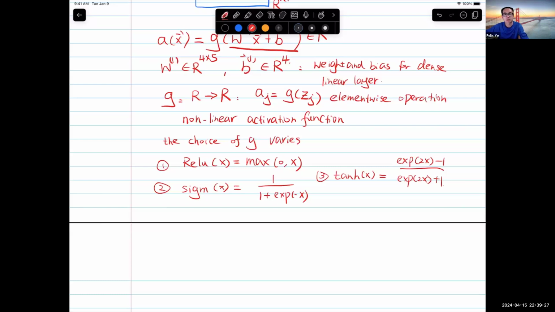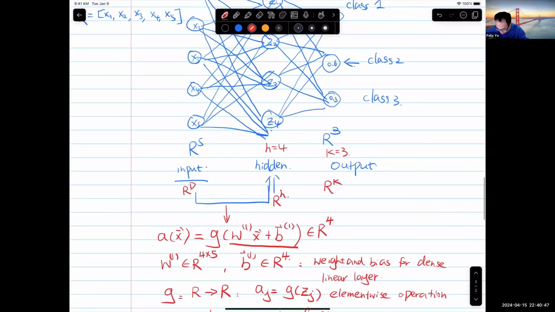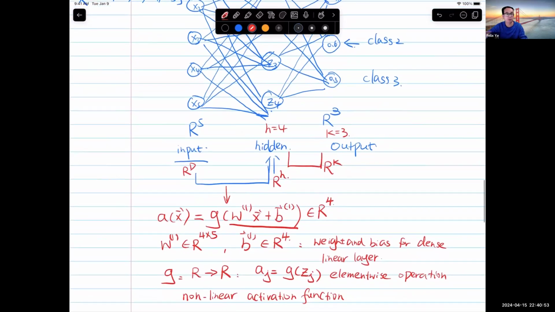Okay, so this is the first layer, from the input to the hidden. Then we can talk about from hidden to output, so this is not yet finished.